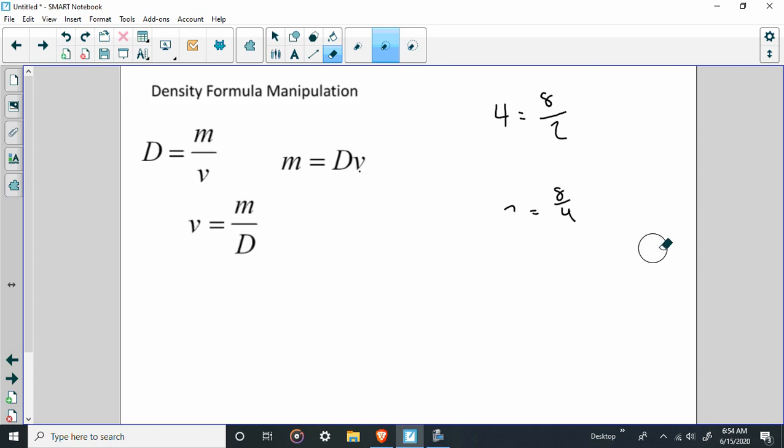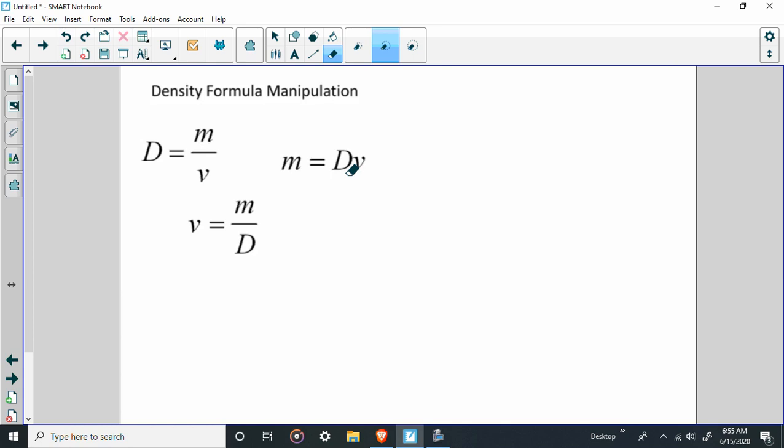So the cool thing is if you have 2 out of these 3 things, you can solve for the other one. And a very important idea for us is that most objects have what's called a specific density. We know what the density of something like gold is. We know what the density of lead is. They have specific densities.